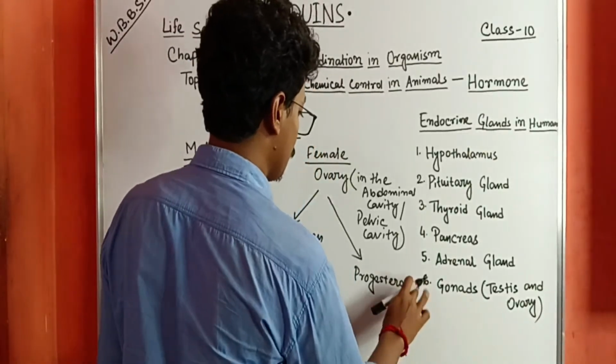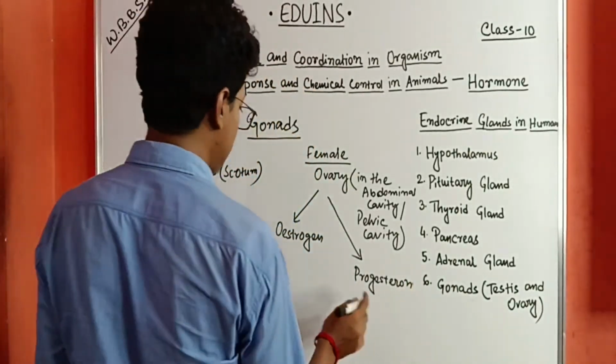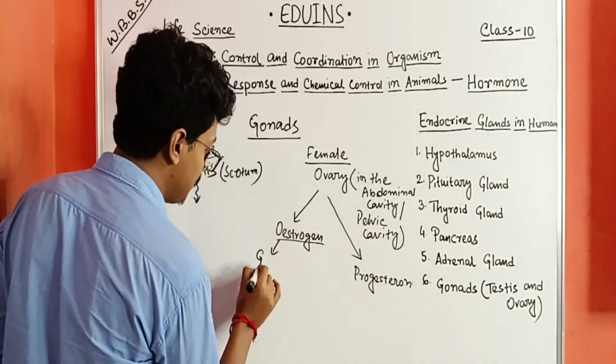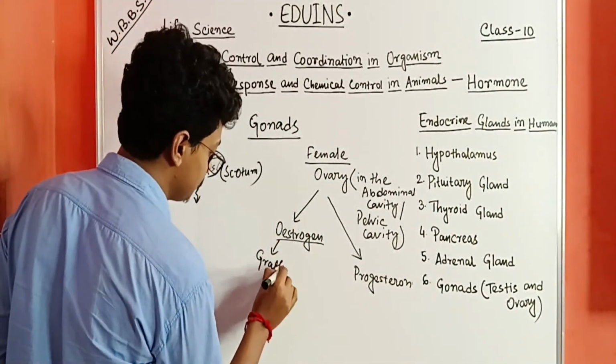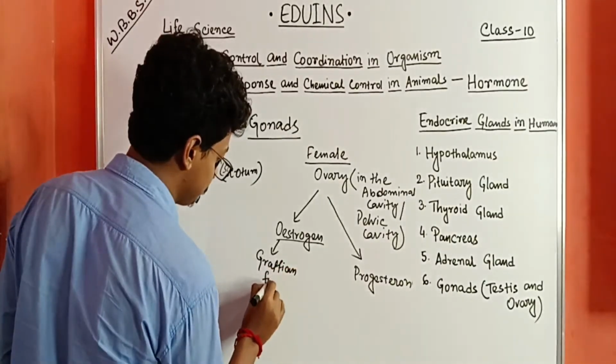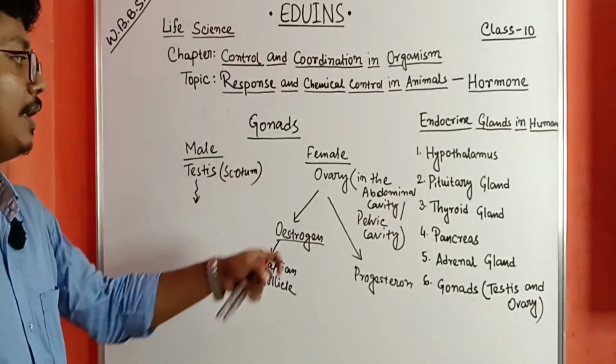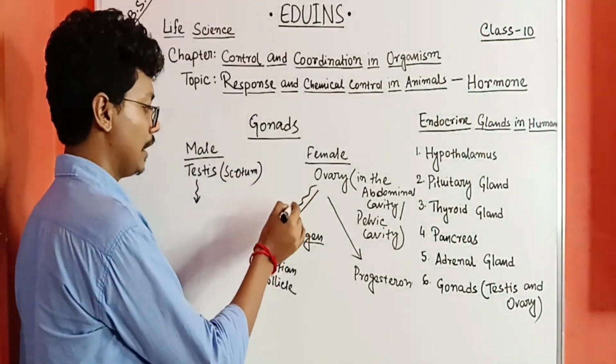Estrogen is released from the Graafian follicle, of course from the ovary, because the ovary releases the Graafian follicle.